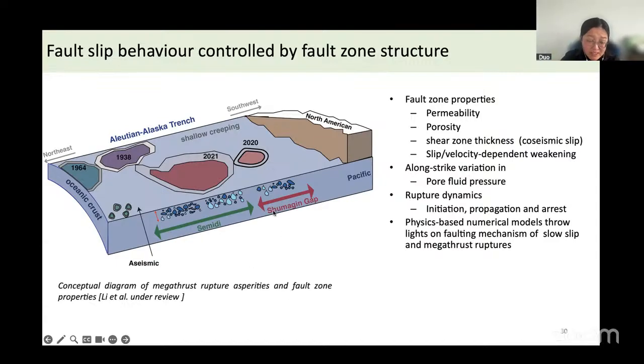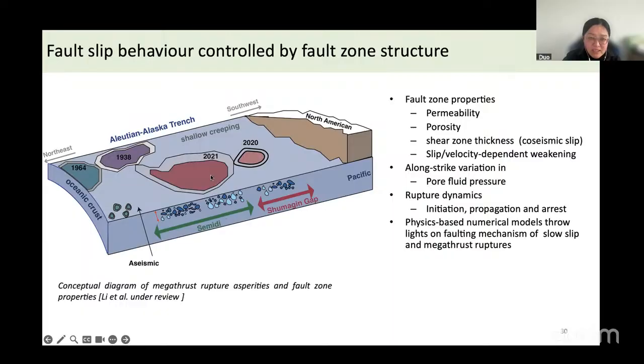This conceptual model shows the historical rupture patch, including the 2021 rupture and the 2020 rupture of a magnitude 7.8 next to this one. The difference of the rupture in these two segments is mainly due to the structure of the fault zone, the structure of the sediment layer being different.